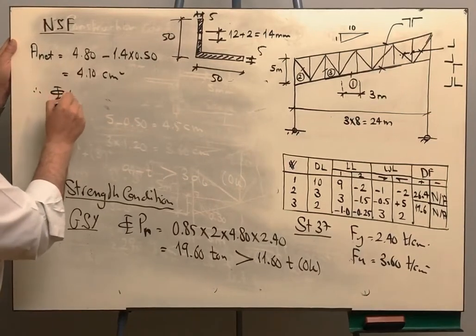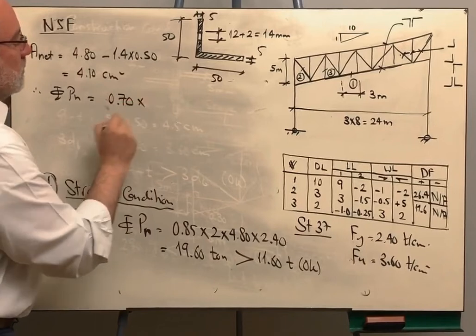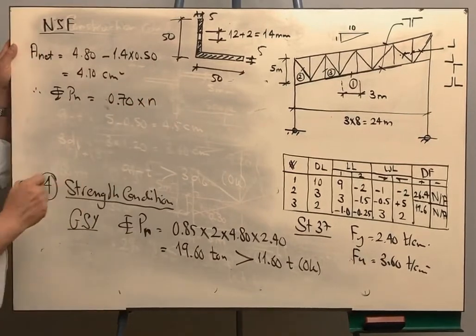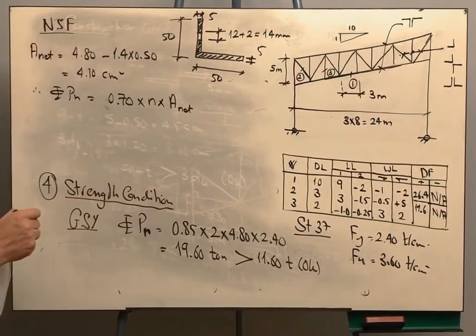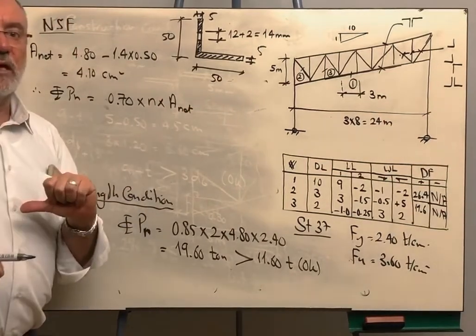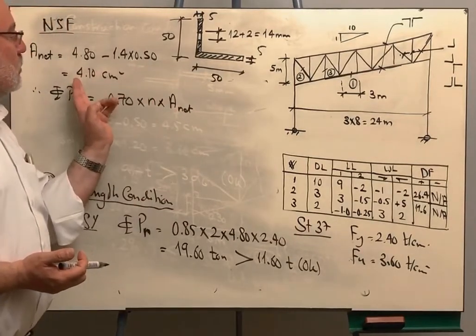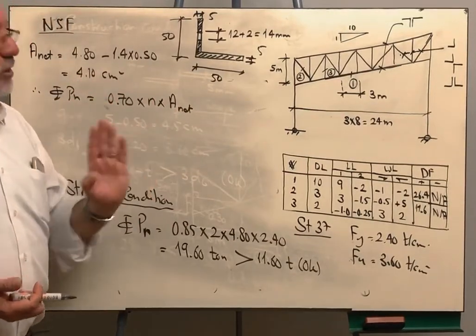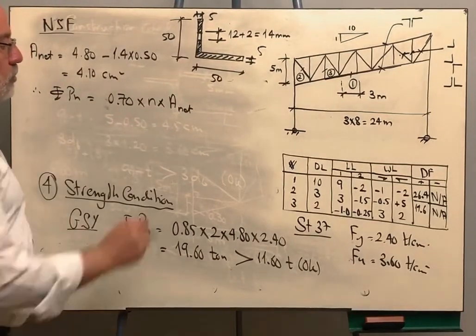Therefore, phi P nominal will be the value of phi is 0.7 times n, which will be 2, times area net. We are no longer putting area gross times beta because we are not selecting the angle. We know the angle and we calculated the net area accurately. So I don't need to assume beta 0.85 anymore.